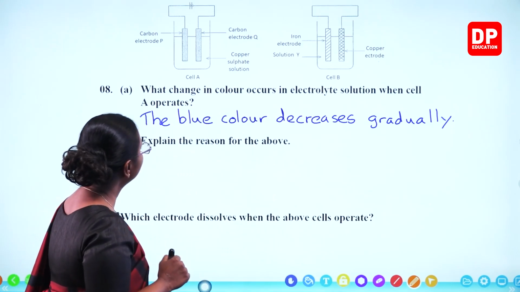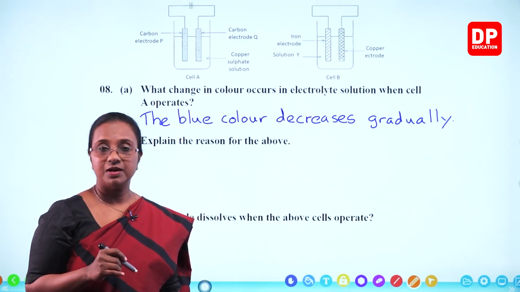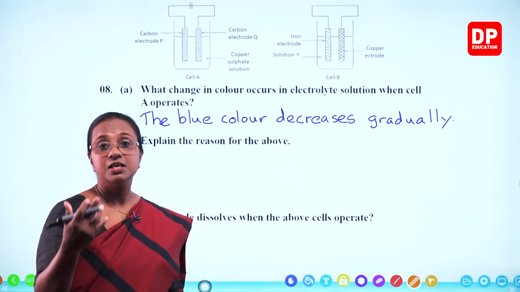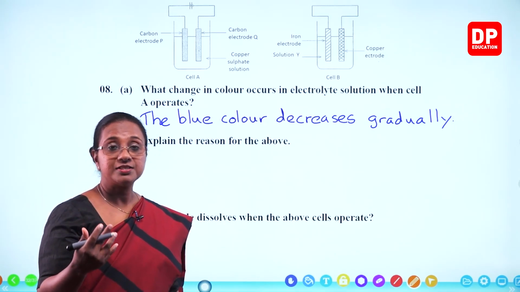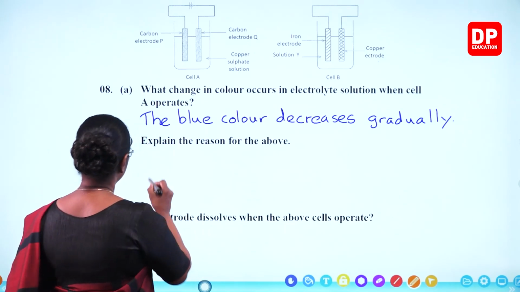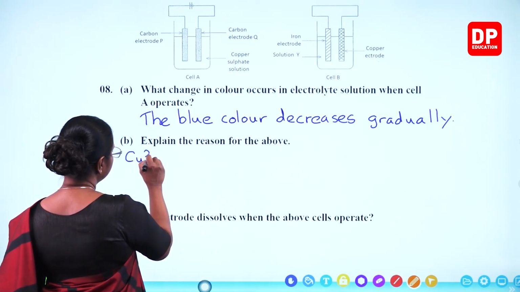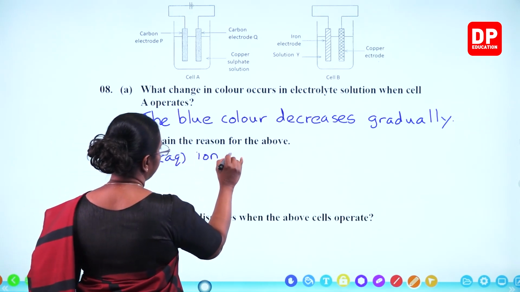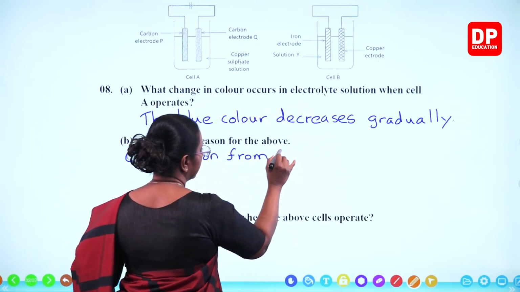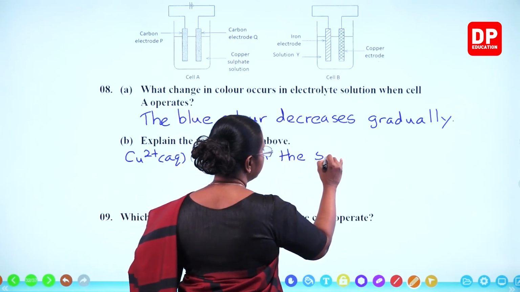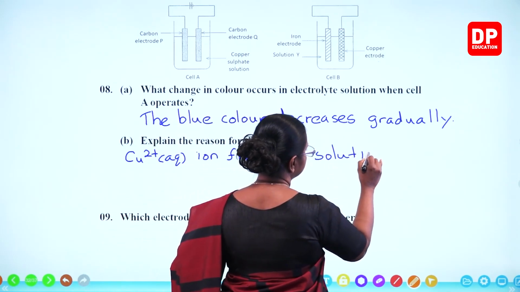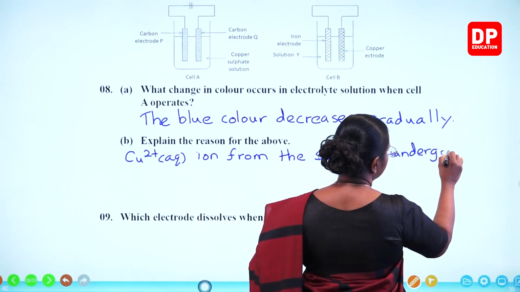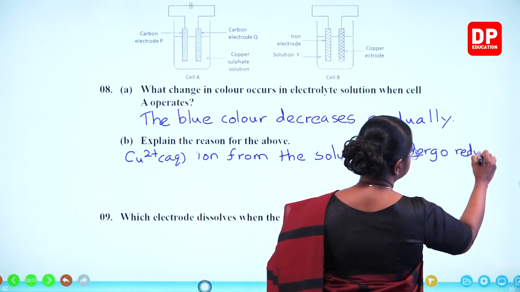B part, explain the reason for the above. Copper ions from the solution deposit as Cu solid. Because of that, the color decreases. So we can say Cu2+ ions from the solution undergo reduction.